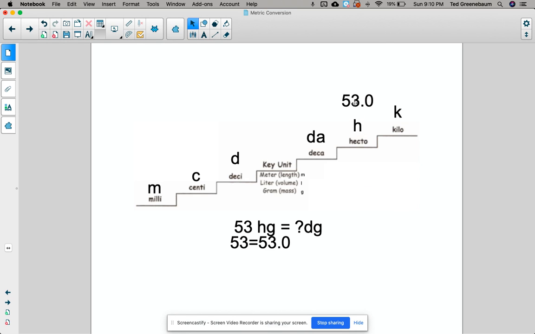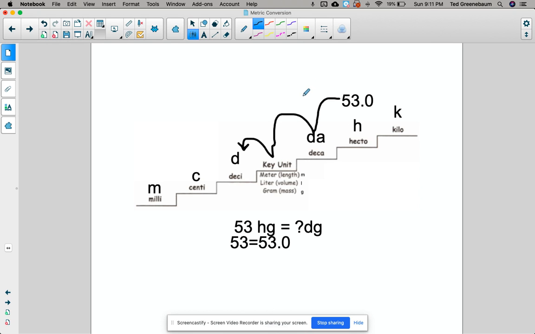And how many steps is it from hectogram to decigrams? Well, let's see. I'm going to go 1 step, 2 steps, 3 steps. Which means I'm going to down times by 10 each step.